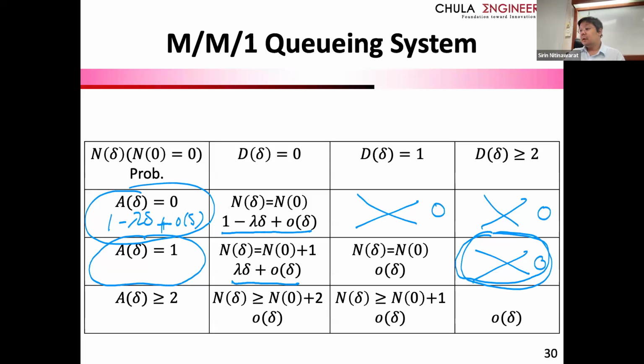And because there is no arrival, definitely this happens with probability 1. So there is no change in the probability.